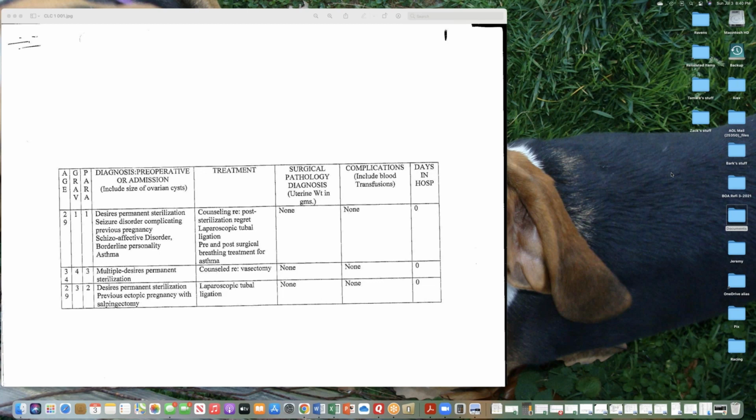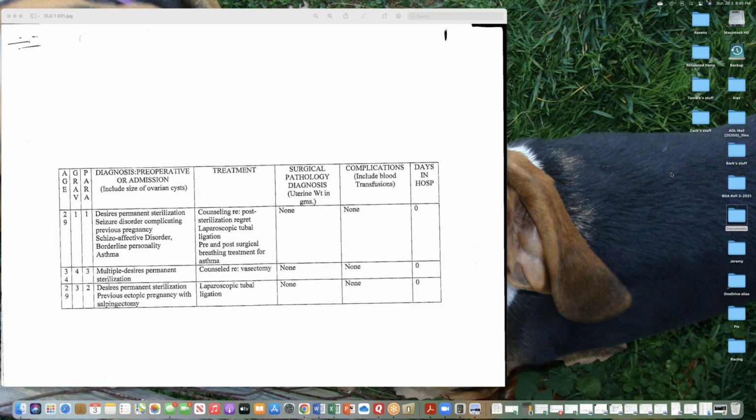Under the second one, they put pre-op multiple. I assume they're meaning there's multiple other issues with the patient. Okay, good point. What else? I don't think you need to put in the asthma, borderline personality, or schizoaffective disorder, or even the seizure disorder in their previous pregnancy.